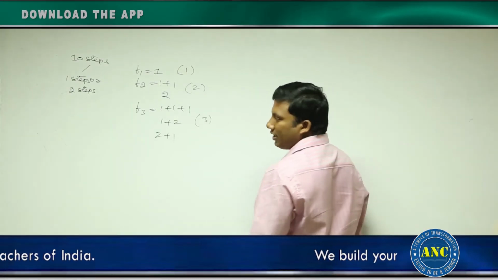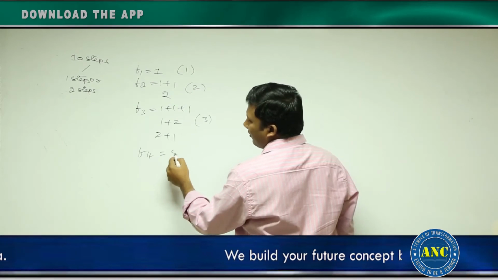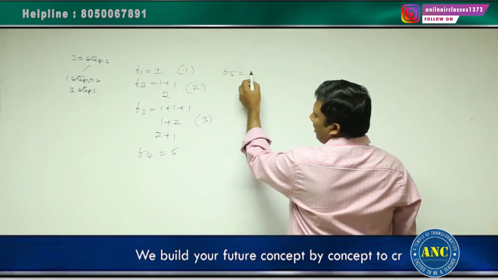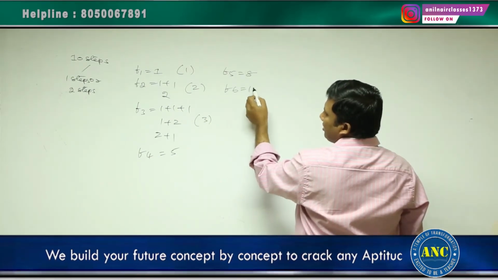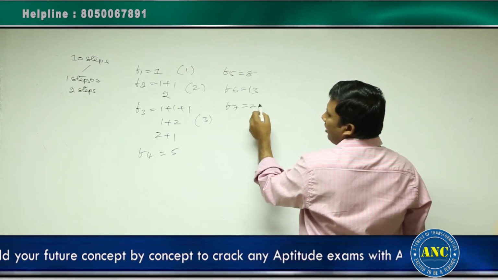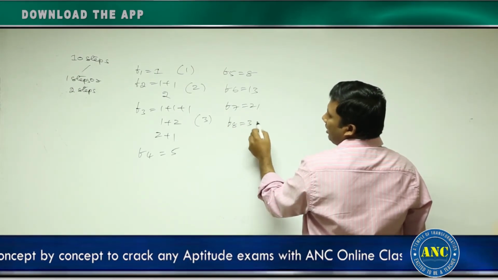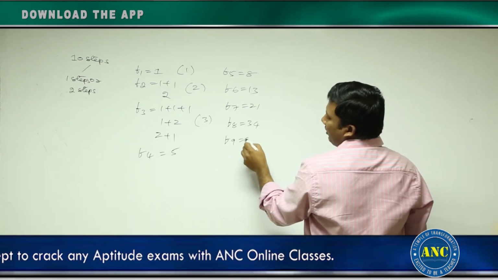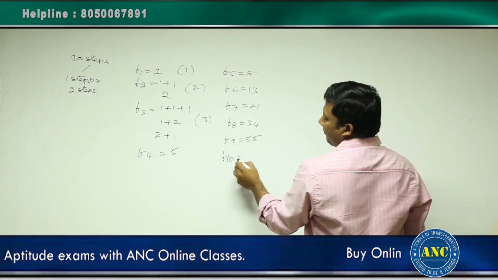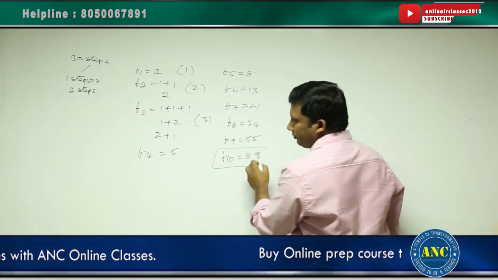Again it is a Fibonacci. So F4 is 5, F5 is 8, F6 is 13, F7 21, F8 34, F9 55, F10 89.